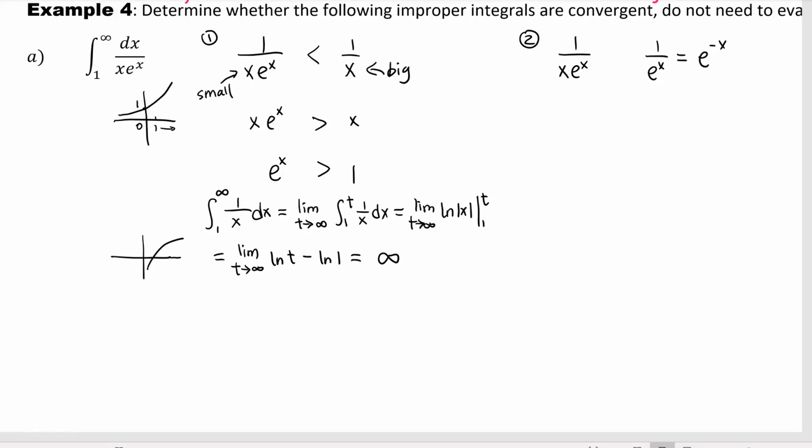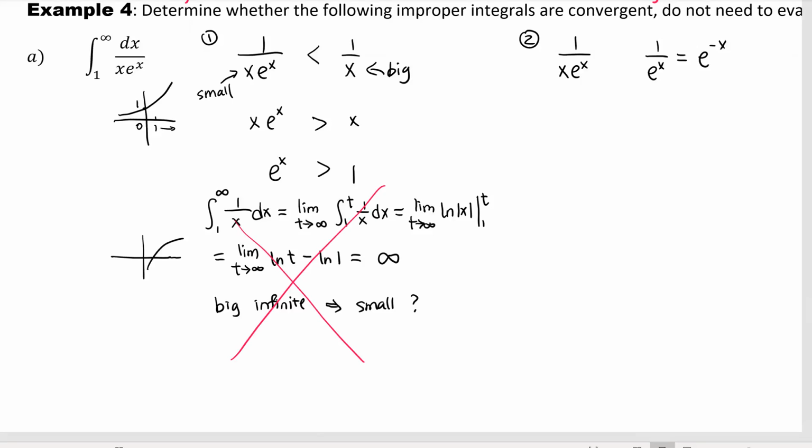Can we say anything about the small guy? If the big guy is infinite, can you say anything about the small guy? No. So that's why this is not the good function that we want to compare. So this method doesn't work. Oops.